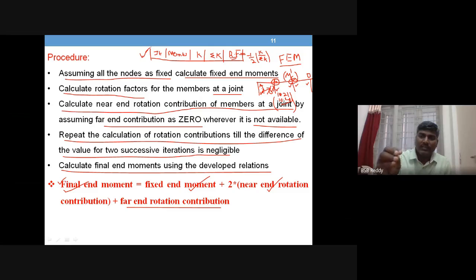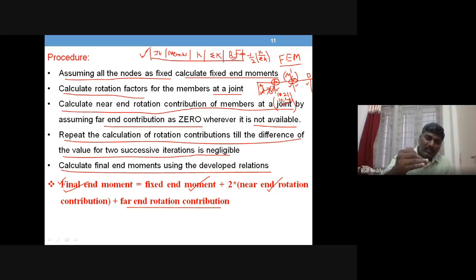In the third step, there we balance and carry over for a number of cycles, whereas here we calculate rotation contributions every time: cycle 1, cycle 2, cycle 3, cycle 4, till two immediate values are almost the same.